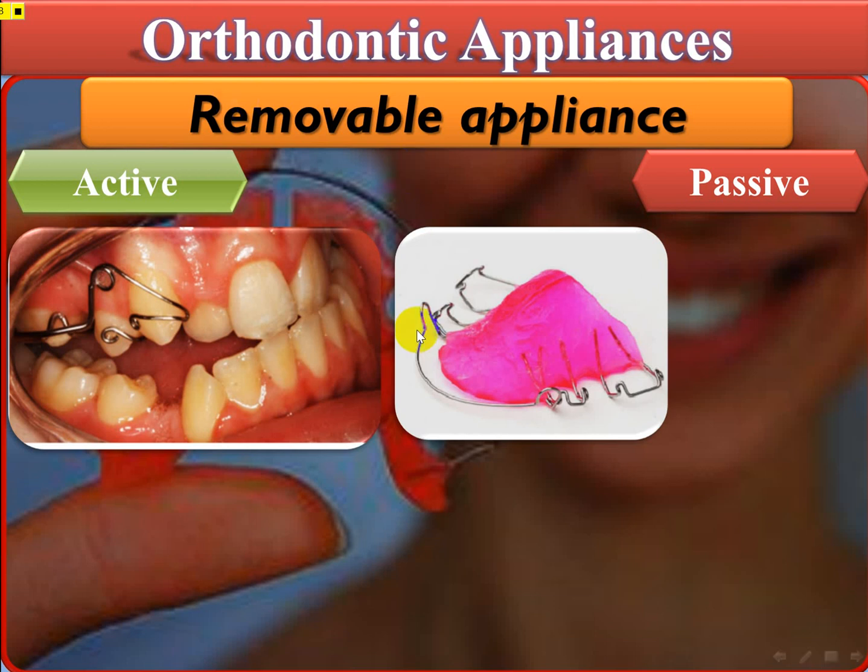Like what? Like the retainer that consists only of Adam clasps, Howley arch, and an acrylic base plate. It is used as an appliance to keep the teeth after the end of correction of the malalignment of teeth with an active removable appliance or with a fixed appliance, when we reach the retention phase of orthodontic treatment.